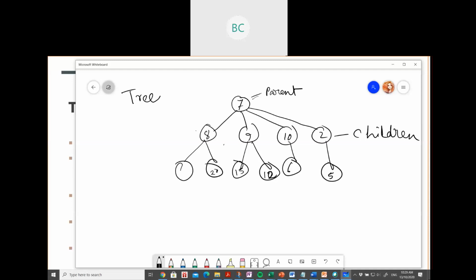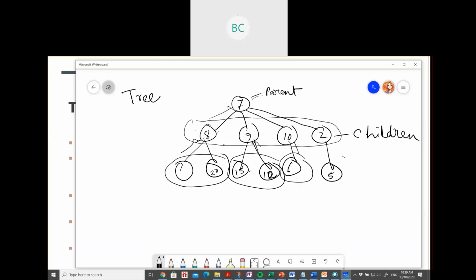For this portion, this is your parent. For these two nodes, he is your parent. For this node, this is the parent. And all these four nodes, you can say they are sisters, or just siblings.